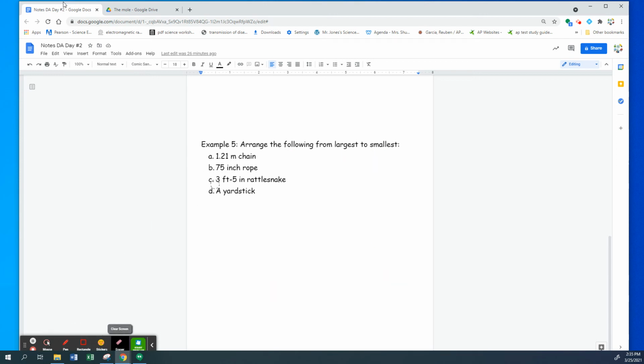For our third one, we have 3 feet 5 inches. And I need to convert that to inches. The only part that isn't in inches is the feet. So for C, I'm going to need to go from 3 feet to however many inches. And then I'm going to add my 5.